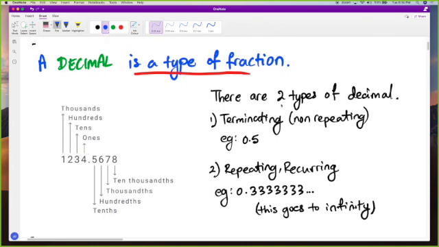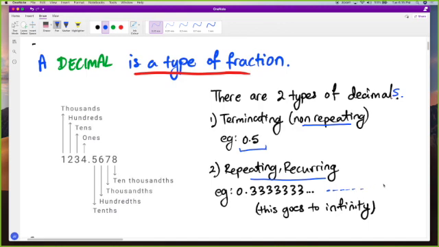Okay. There are two types of decimals, right? Number one, the terminating or non-repeating decimal, that is just the most exact decimal, 0.5. It doesn't repeat or recur or anything like that. And then there is number two, the repeating or recurring decimal, and that is 0.3333333 and so on.